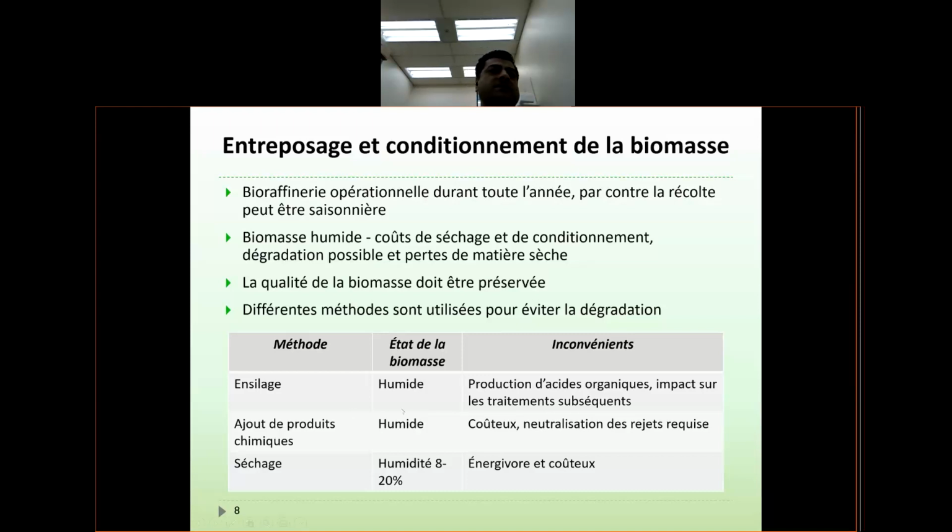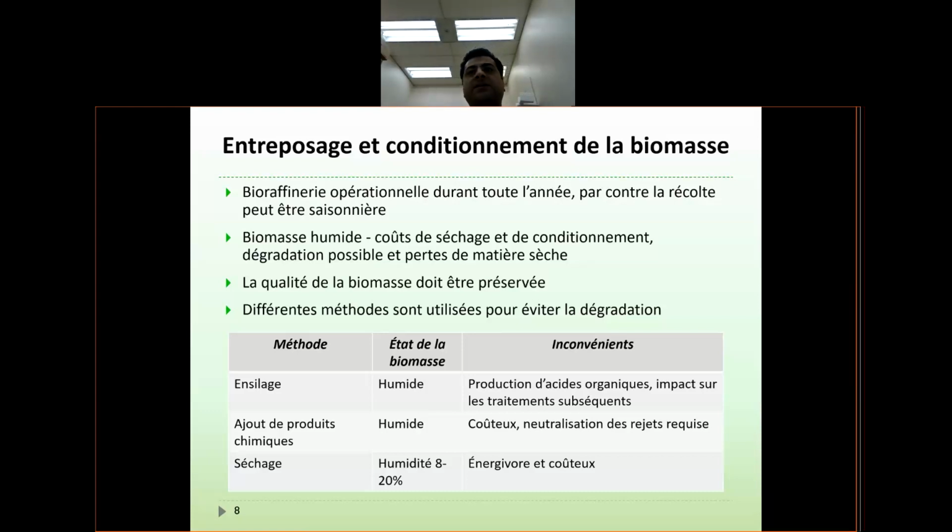One of them is ensilage. It is a kind of anaerobic fermentation process. They apply a fermentation process to biomass in order to protect it for some time.